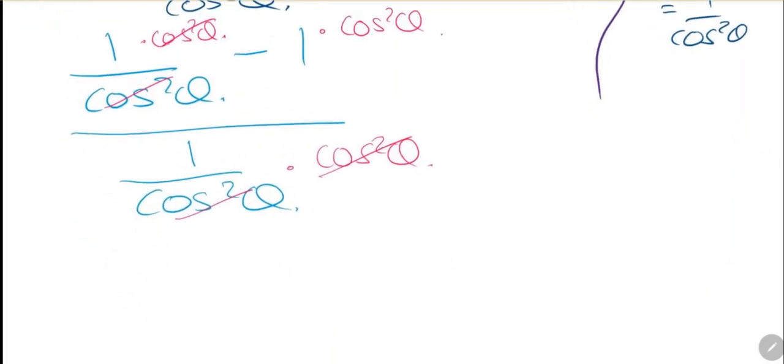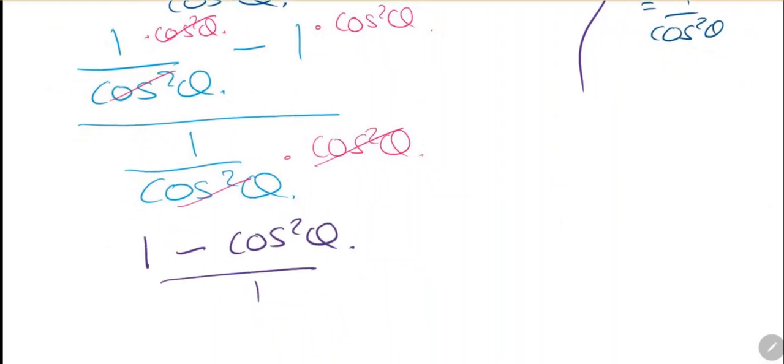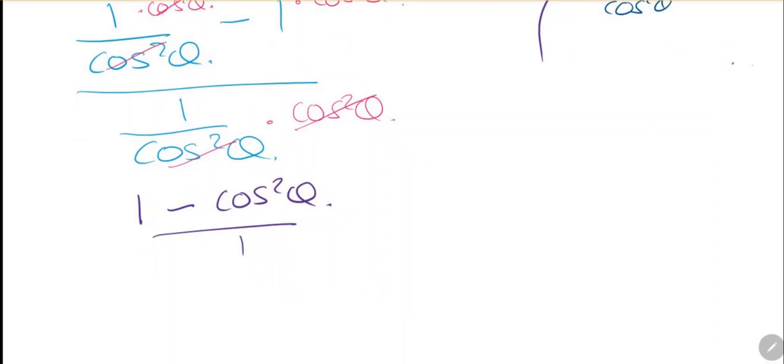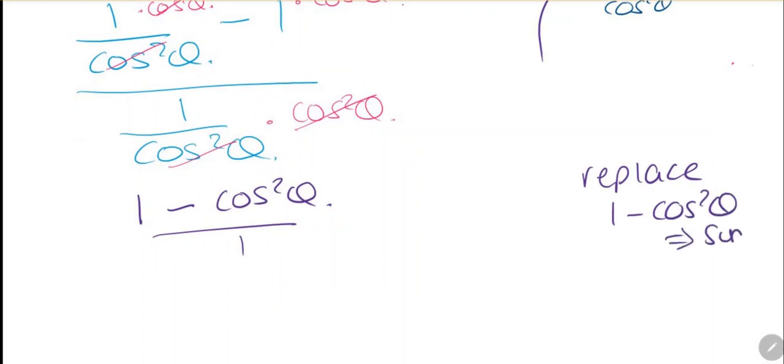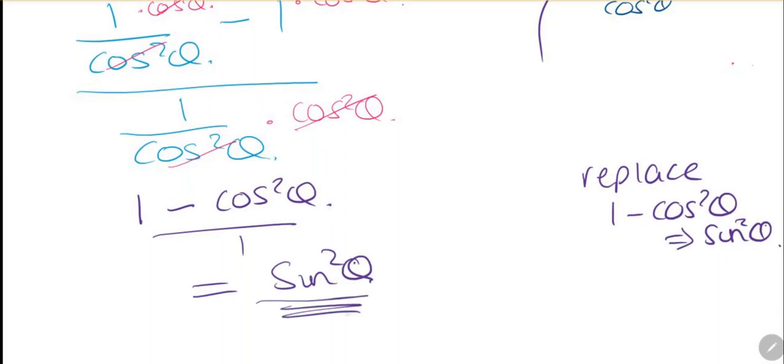So I'm actually left with 1 minus 1 times cosine squared theta divided by 1. So 1 minus cosine squared theta we can replace with sine squared theta. So this is going to be equal to sine squared theta.